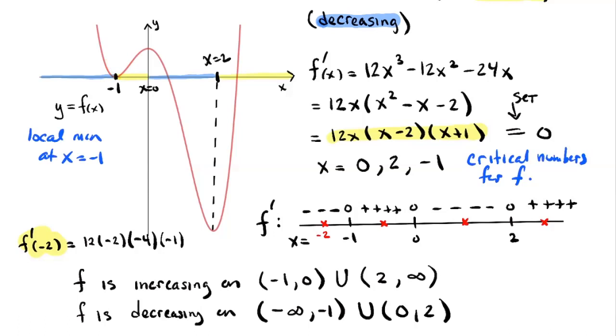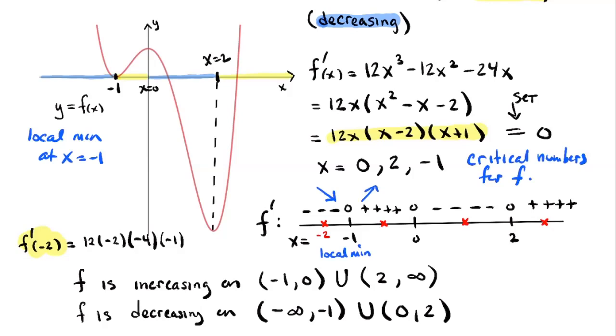Well, the sign diagram tells us that in the following way. As x approaches -1 from the left, our function was decreasing. Yeah, the derivative was negative. But then as x continued to increase past -1, the function started increasing. Well, if a quantity stops decreasing and starts increasing, it must have a local minimum there.